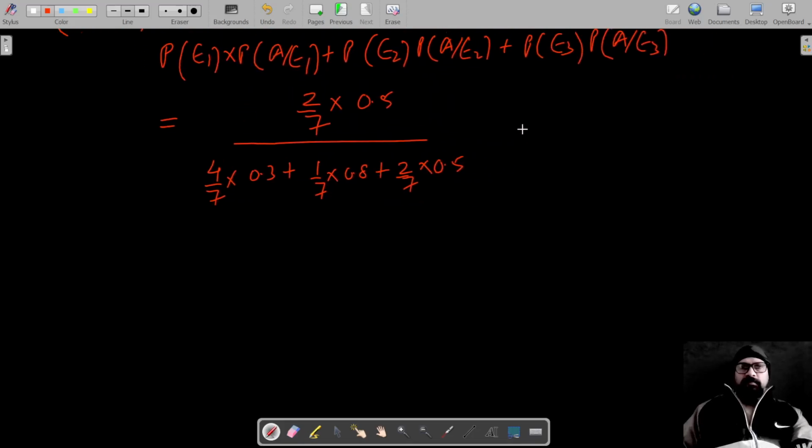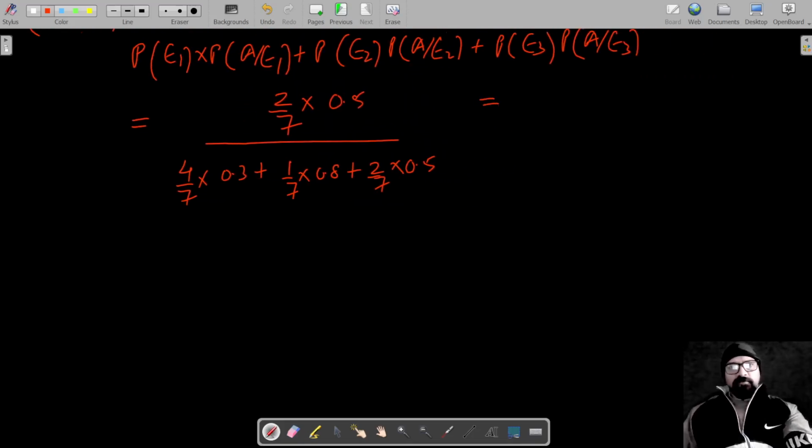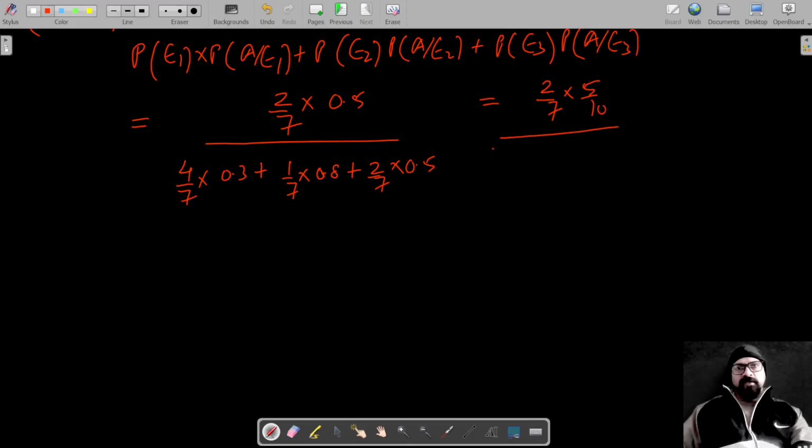Okay, I can write this as 2 by 7 into 0.5 upon 4 by 7 into 0.3, plus 1 by 7 into 0.8, plus 2 by 7 into 0.5. This can be written as 2 by 7 into 5 by 10 upon 4 by 7 into 3 by 10 plus 1 by 7 into 8 by 10 plus 2 by 7 into 5 by 10.